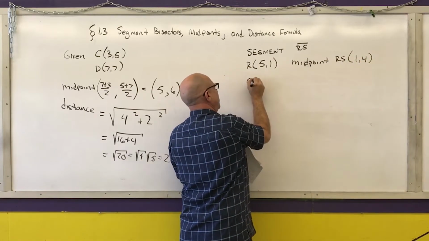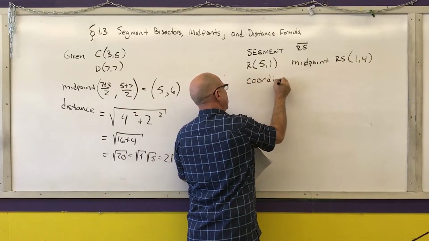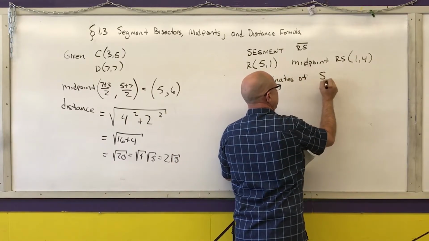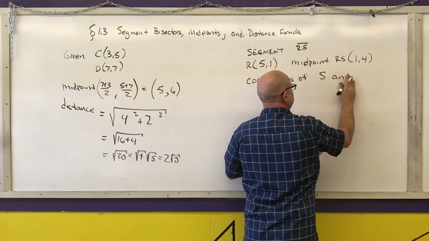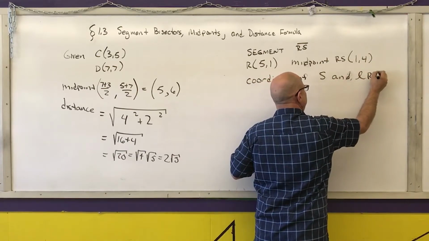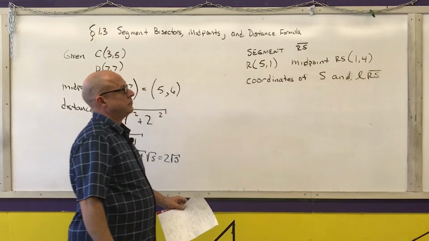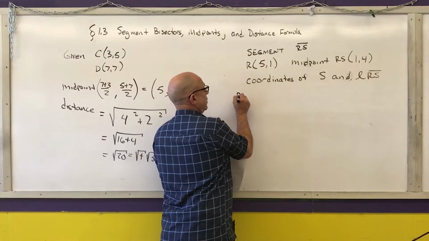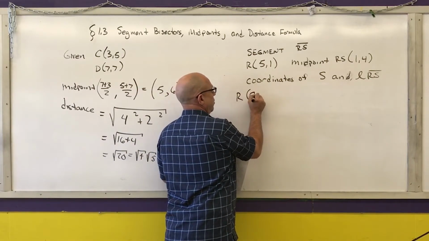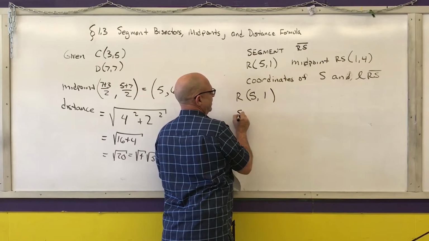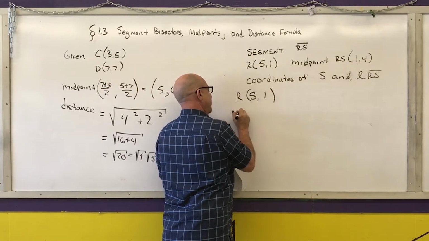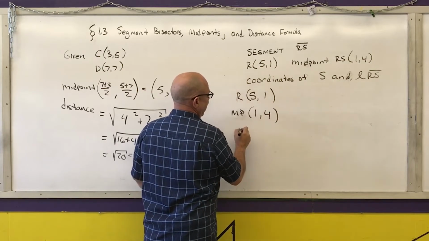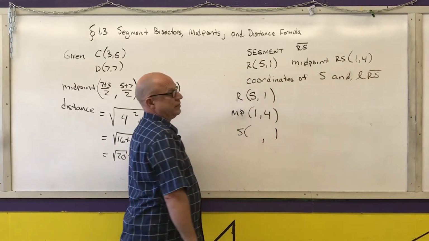I want to find the coordinates of point S and the length of RS. Okay? So here's what I'm going to do: I'm going to put R and put its coordinates. I'm going to put the midpoint here in the middle, put its coordinates, and then I'm going to put S, and that's what I want to find.